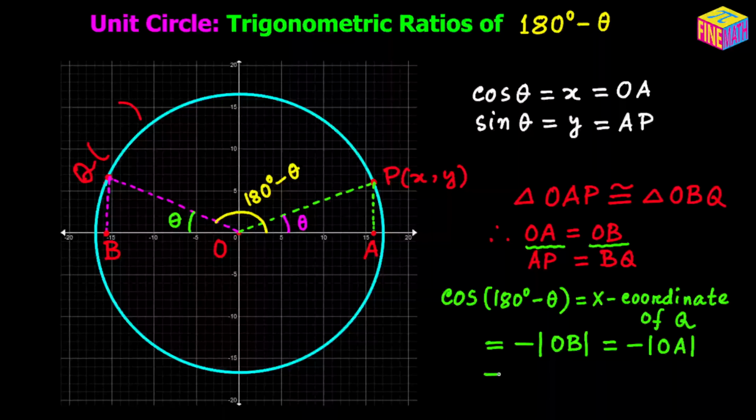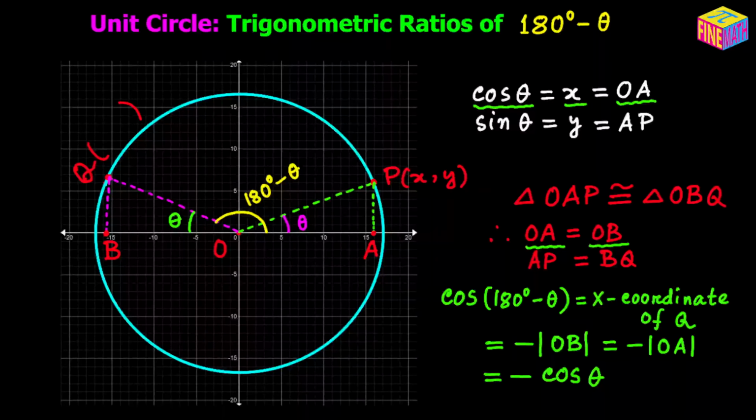Carefully looking up above, OA is actually equal to cosine of theta, that is x, so this will be negative of cosine of theta. So we have been able to figure out the cosine of 180 degree minus theta in terms of a trigonometric ratio of the angle theta.